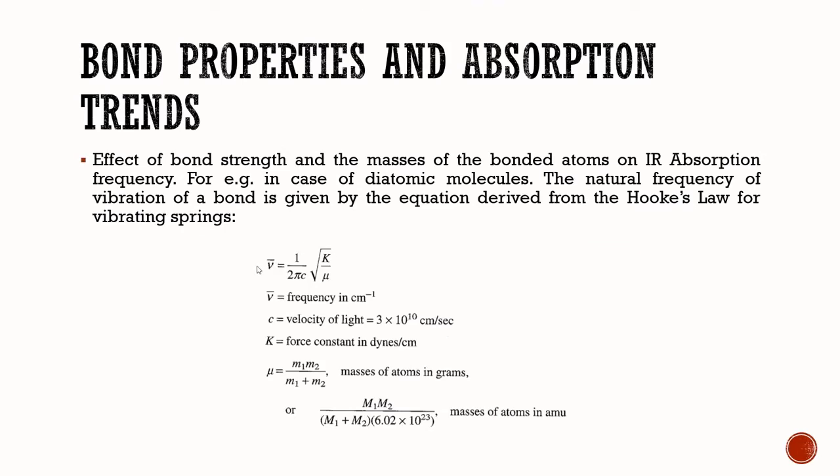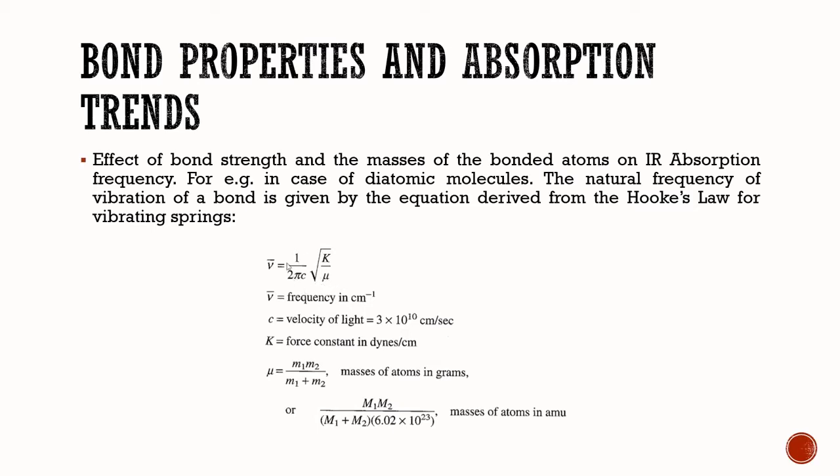The frequency of a bond is given by Hooke's law, according to which frequency is directly proportional to the force constant, or you can say the bond strength, and inversely proportional to the reduced mass.